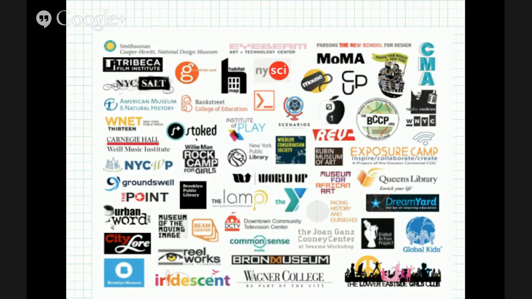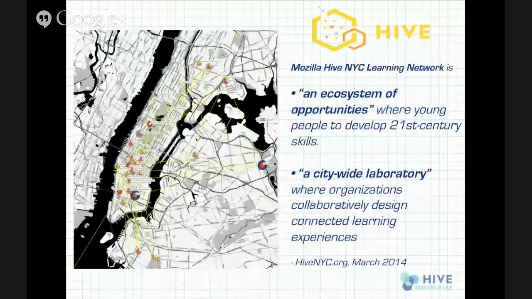The Hive NYC Learning Network is a consortium of over 70 youth-serving institutions, and they include community-based organizations, major museums, cultural institutions, and library systems. It is managed in New York by employees of the Mozilla Foundation. Here's a snapshot of many of the members of the Hive, with their logos.